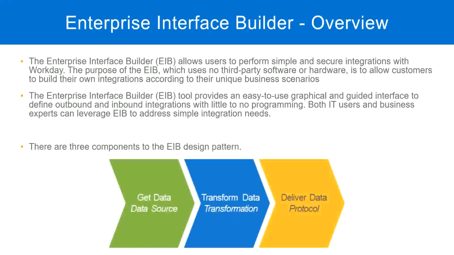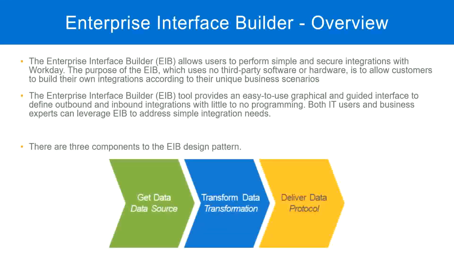Then the second step would be to modify the data, or translate the data, or transform the data into a format expected by the recipient. You have to convert it to a format expected by the recipient. That is transform data. The third step will be to send the data to the recipient or to deliver the data.